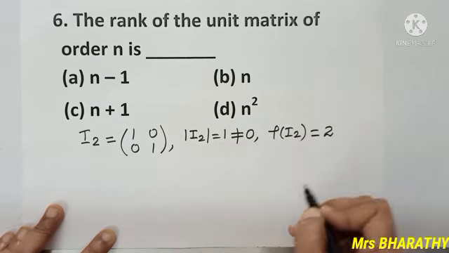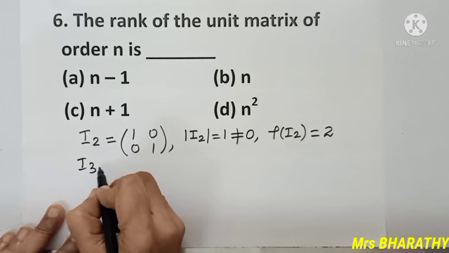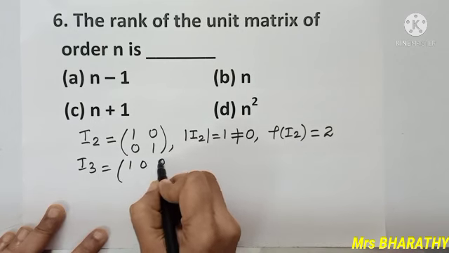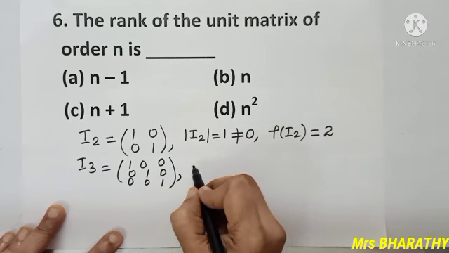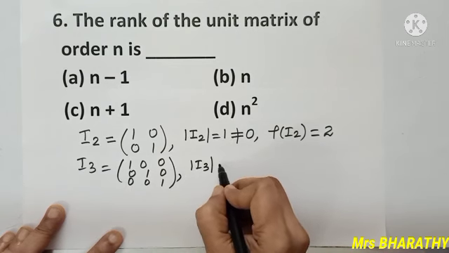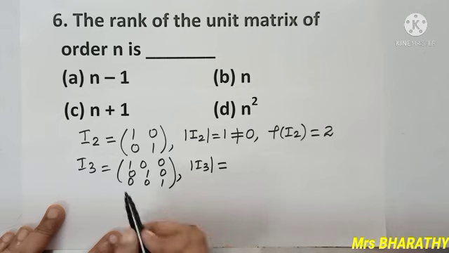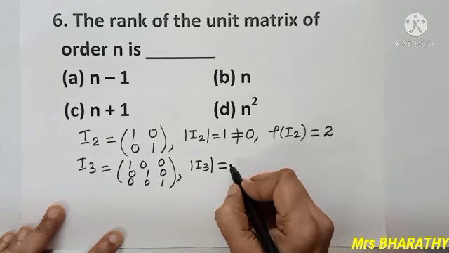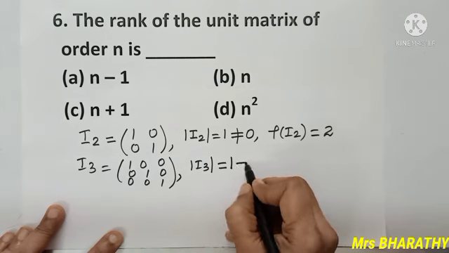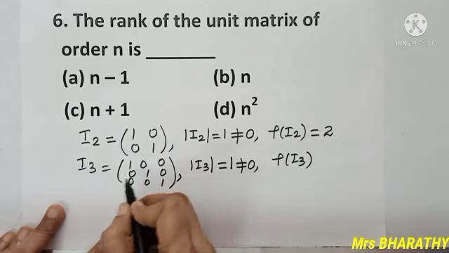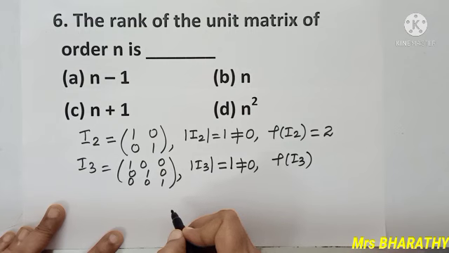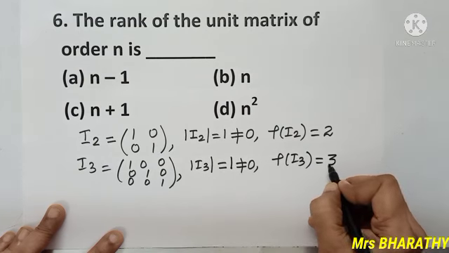Rank is 2. When I say I3, it is 1, 0, 0, 0, 1, 0, 0, 0, 1. Again, I know determinant I3. Diagonally I multiply, my answer is 1, which is not equal to 0. So, when it has 3 rows and 3 columns, my answer is 3.